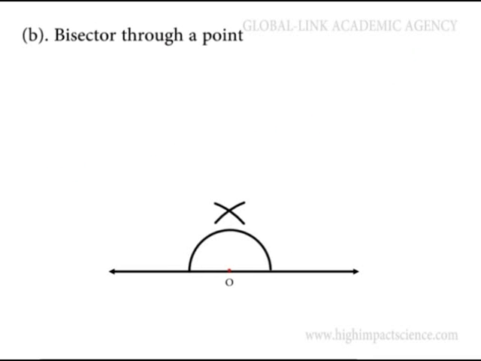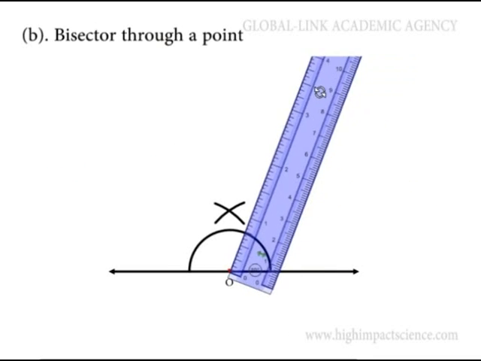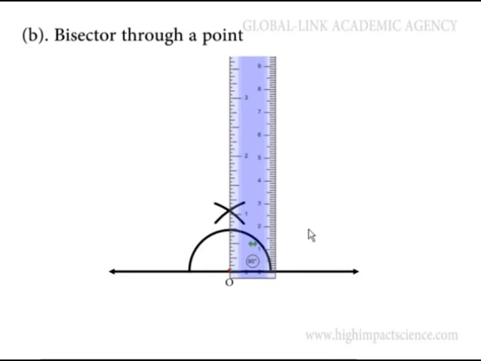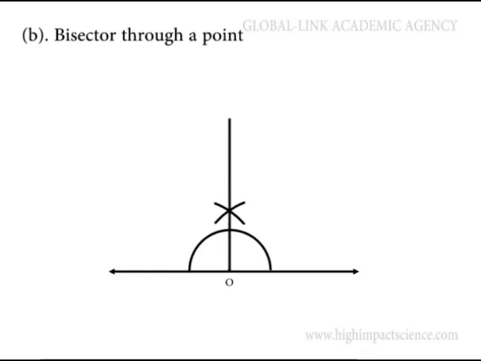Now put the compass aside and using a ruler, join our point to the intersection of the two arcs. Basically what we have done is draw a perpendicular through point O.